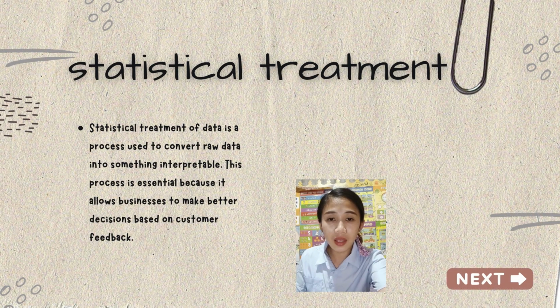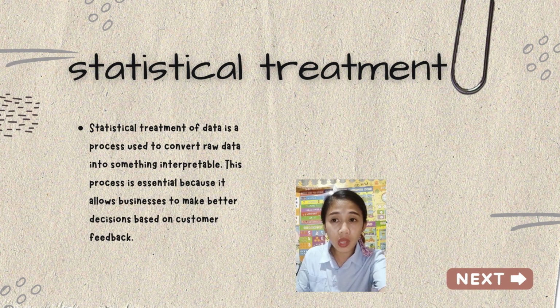So lastly is the statistical treatment. Statistical treatment of data is a process used to convert raw data into something interpretable. This process is essential because it allows businesses to make better decisions based on customer feedback.